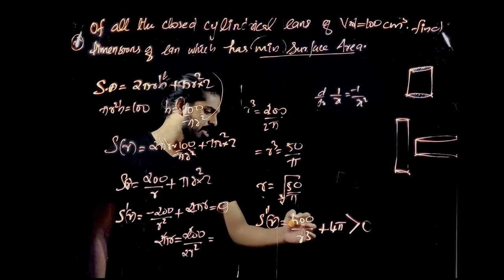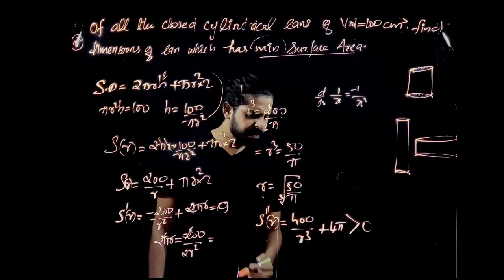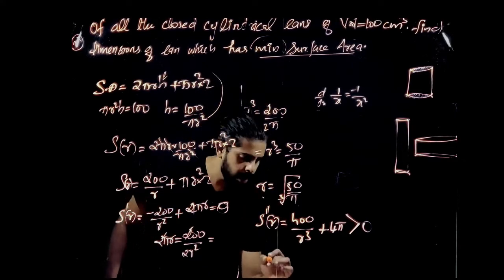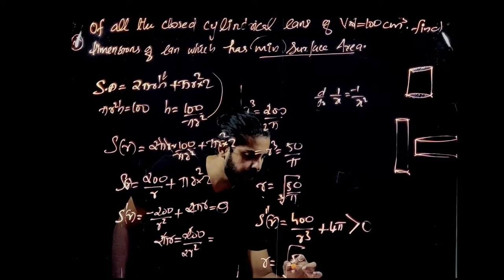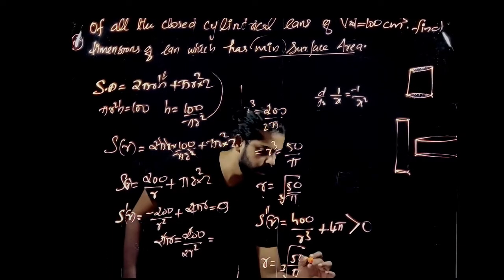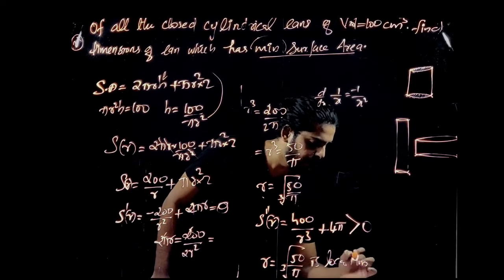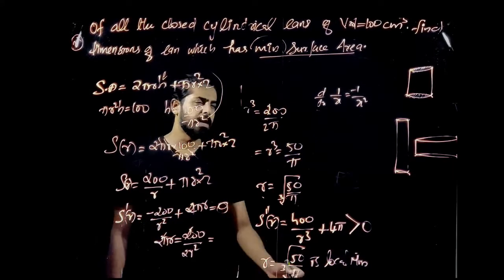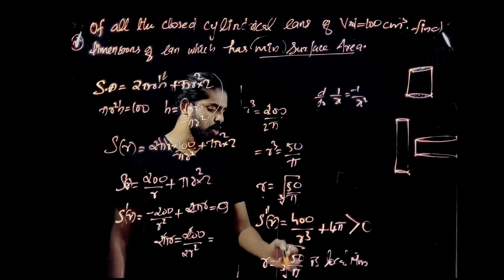Here there is no negative sign, so this always gives a positive value, right? That means r equal to the cube root of 50 by pi is the local minimum. Okay, that means this surface area is minimum when the radius is equal to the cube root of 50 by pi.